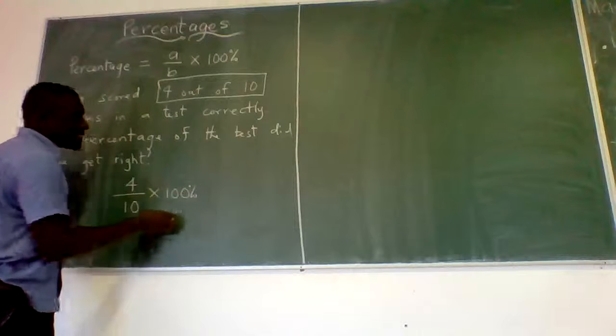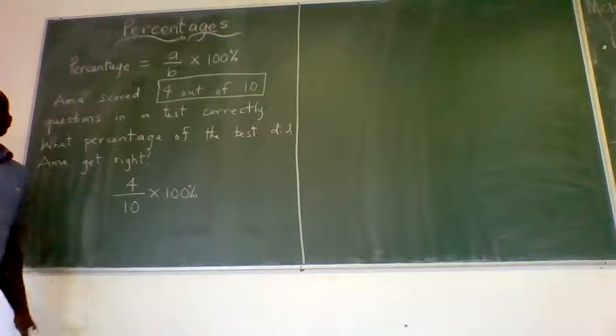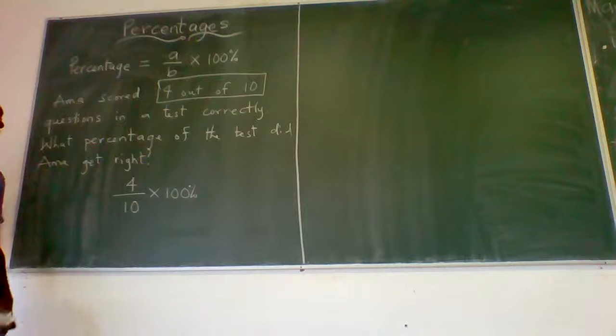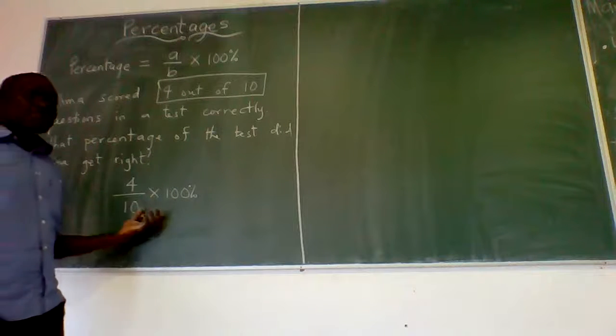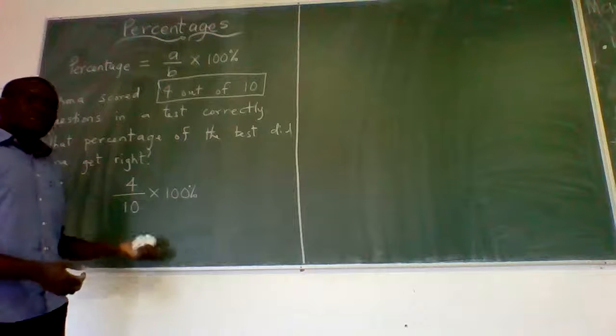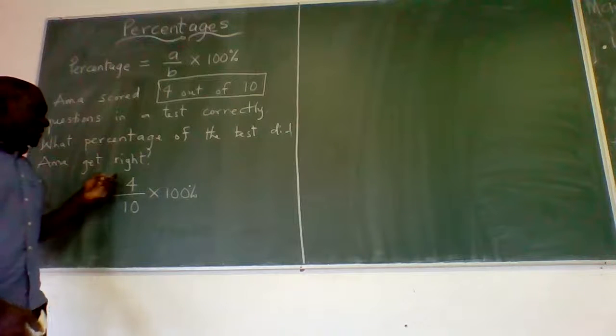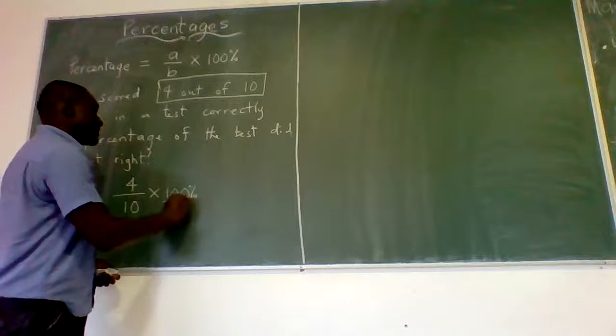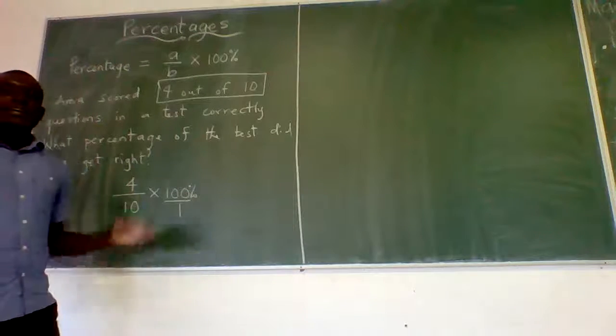This 100% is a constant. It serves like the unit that you are going to use in the calculation. When you get a question like this, it simply takes you back to multiplication of fractions, because this is a fraction and this 100% I can easily write over 1, and then I get another fraction.